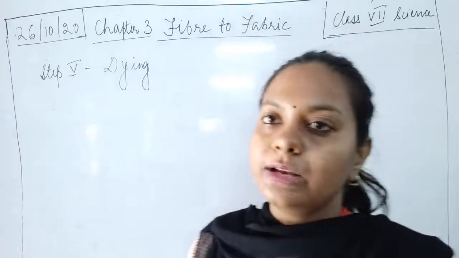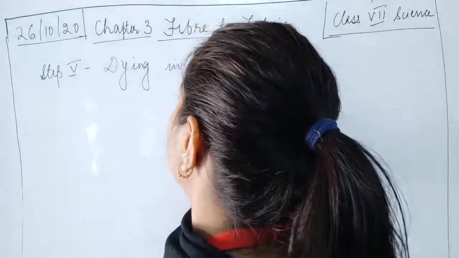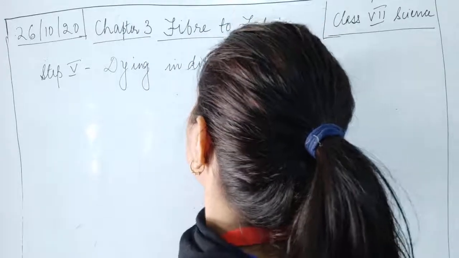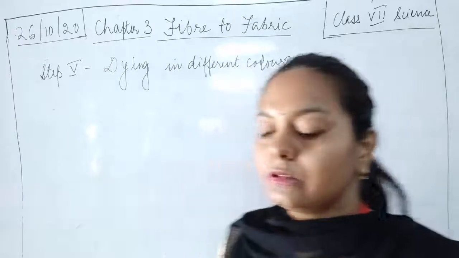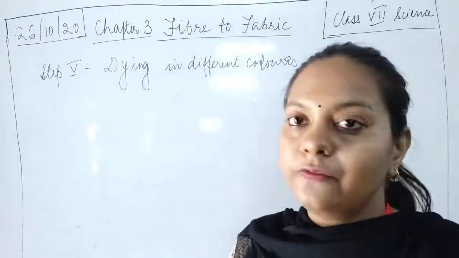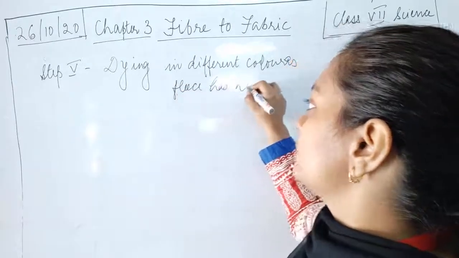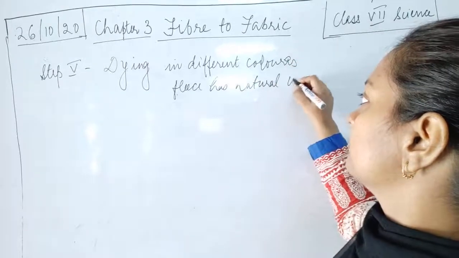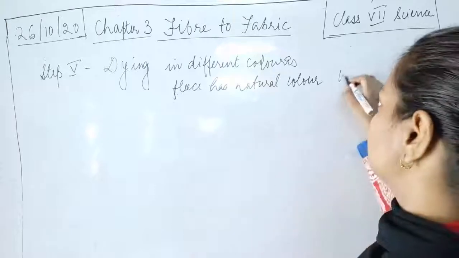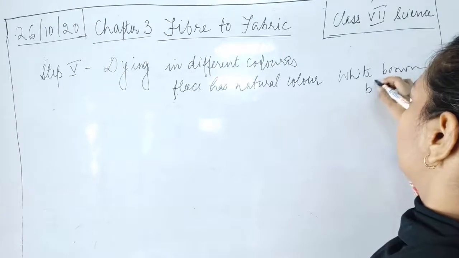So the wool is dyed in different colors. The wool does not naturally have different colors because it is a type of hair which has natural color. The fleece has natural color. It is brown, white, black.